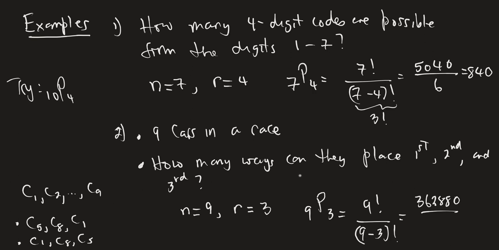That's 720. So if we take 9 factorial divided by 6 factorial, we end up with 504. So in a race with only 9 cars, there are 504 different ways that we can have a first, second, and third place winner.